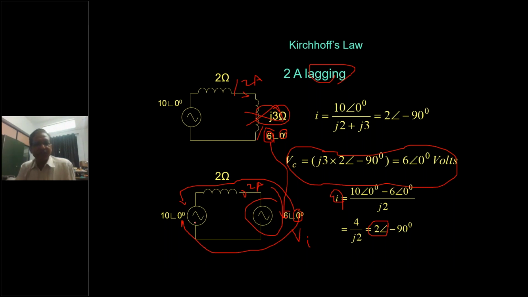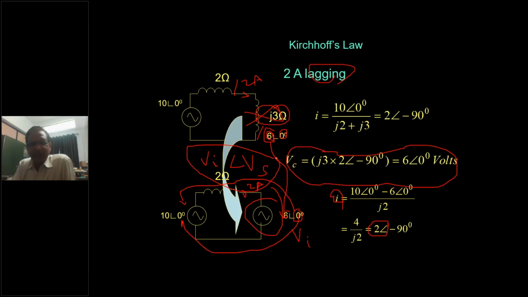Now this Vi is less than Vs. Earlier, last time, Vi was greater than Vs and the current was leading. Now Vi is less than Vs, the current is lagging. That is our conclusion.